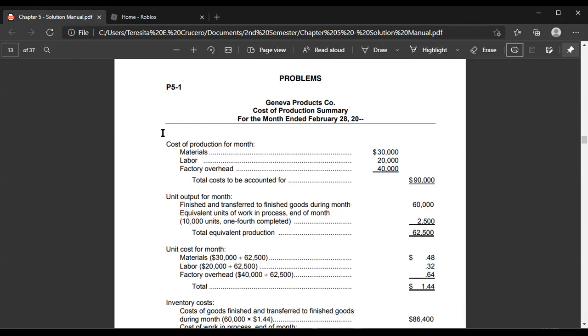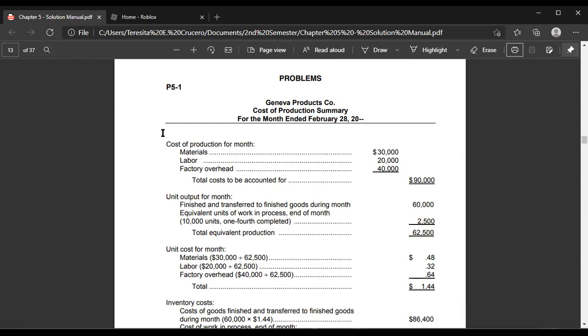So for our cost of production report, the cost of production for the month, we have materials, labor, and factory overhead, total of 90,000. Then we have the unit output for the month, finished and transferred to the finished goods stock room during the month, 60,000. The ending inventory, though it's 10,000 units, is only one-fourth completed.